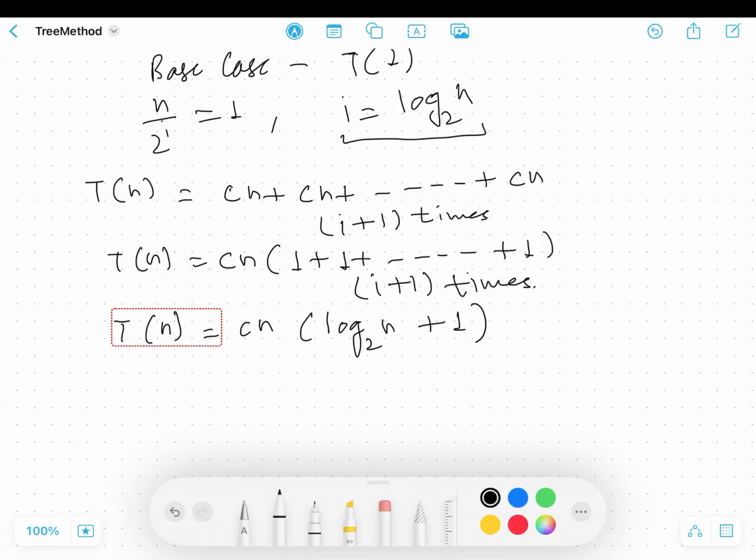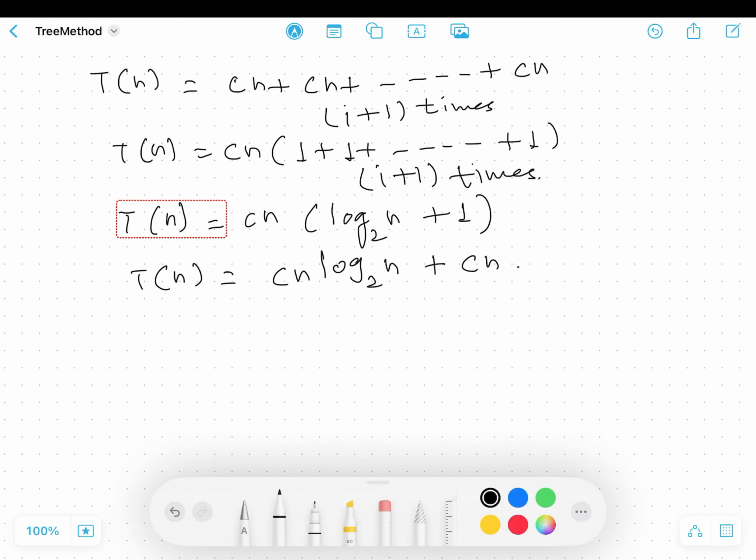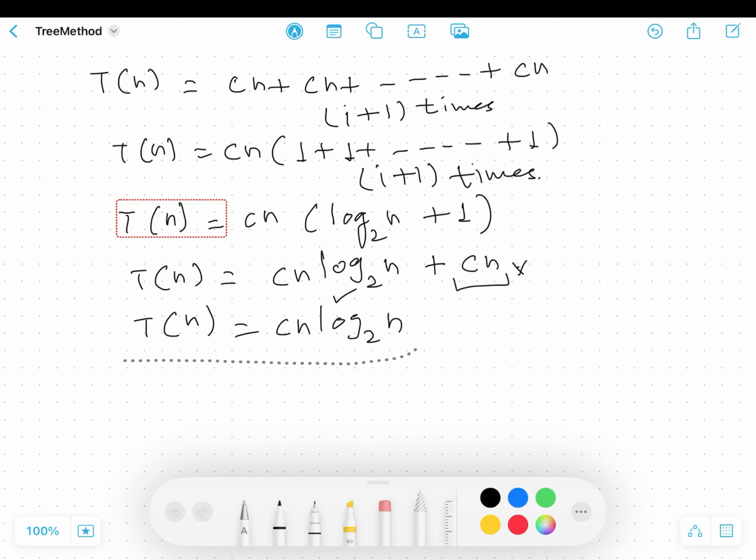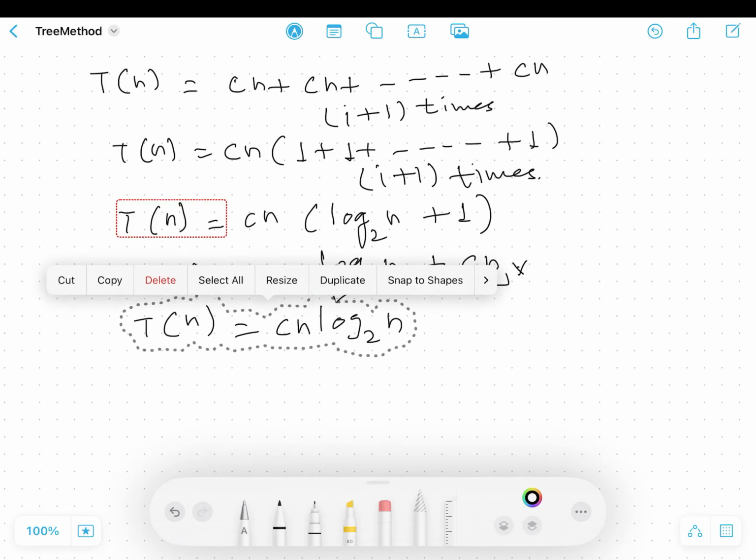This means, and if we ignore the lower value, we can only keep this, and this will turn out to be, and this is our solution for the recurrence.